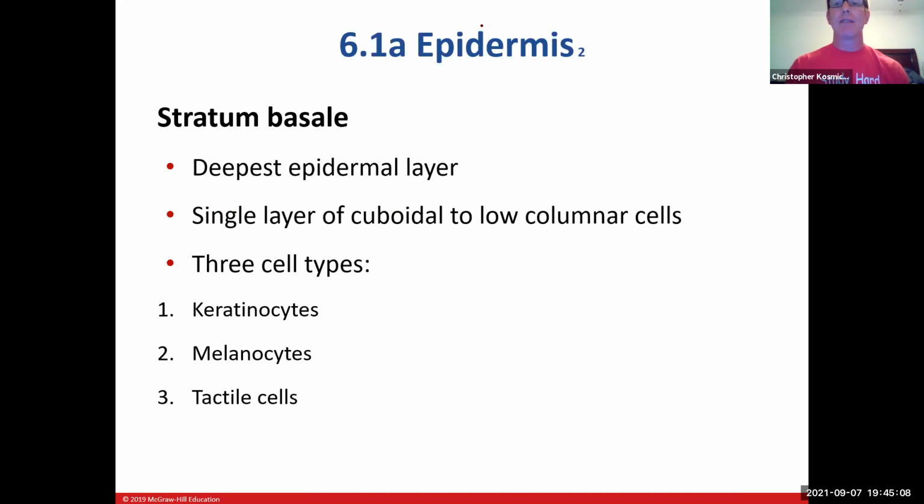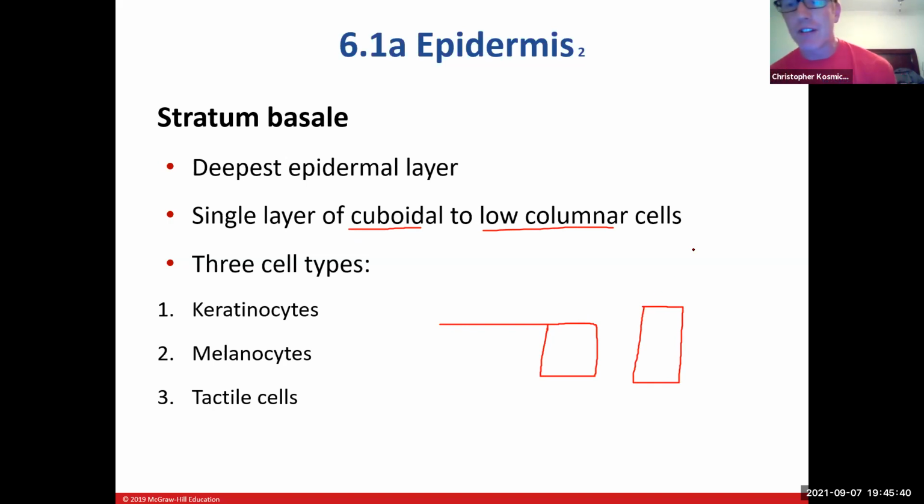And the stratum basale is made up of, all right, a layer of cells, one single layer, and they appear to be cuboidal or what we call low columnar cells. And so when we say cuboidal, we know that they're either going to look like this, they're as tall as they are wide, or low columnar, which they are slightly taller than they are wide. But keep in mind, when we're dealing with stratified epithelial tissue, who cares what the bottom layers look like?